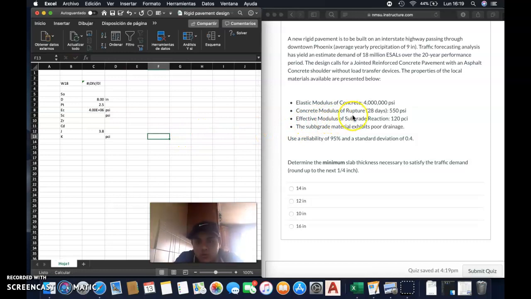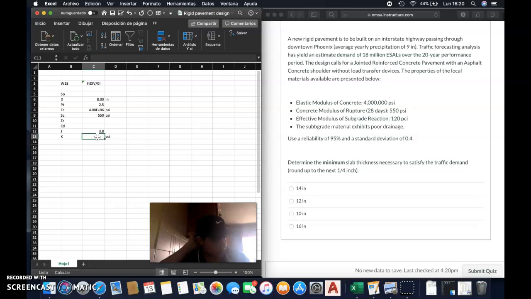We have a concrete modulus of rupture, it is 550, that is S'c. And an effective modulus of subgrade reaction of 120, that is k.